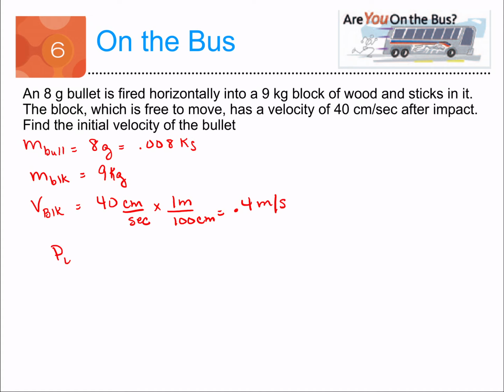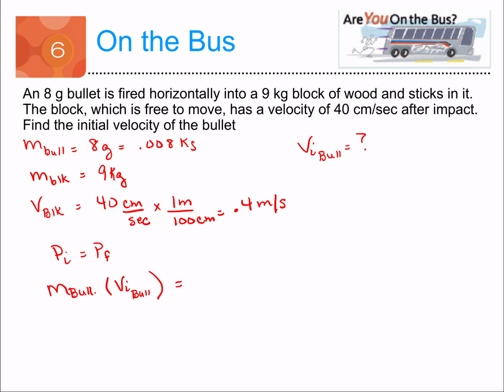Now we know initial momentum has to equal final, and we are looking for the initial velocity of the bullet. When we start off, we just have the mass of our bullet times the initial velocity of our bullet.